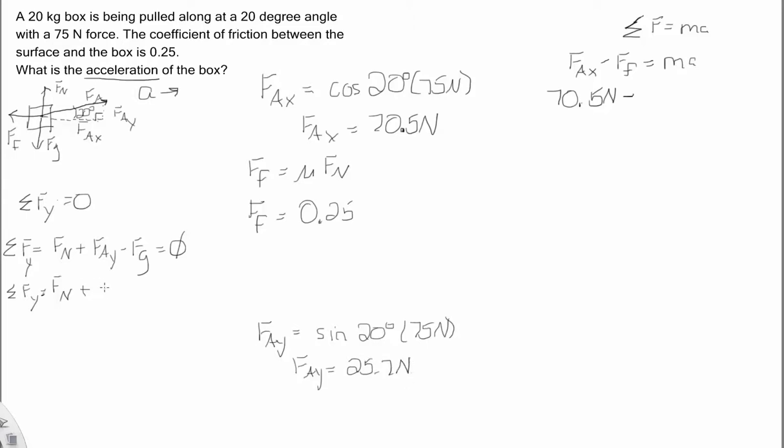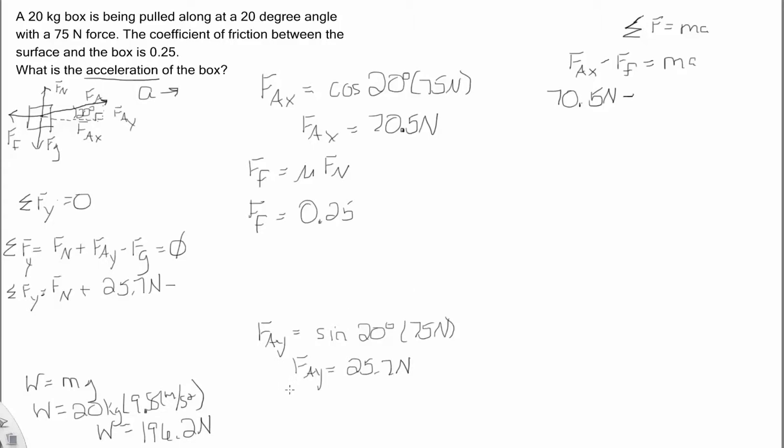I can plug in 25.7 newtons there, minus FG, which I have not solved for yet. Let me do that down here. That's pretty simple. That's just weight, which is mg. M is 20 kilograms, gravity is 9.81 meters per second squared, and so my weight ends up being 196.2 newtons.